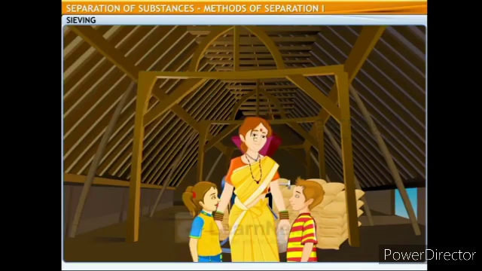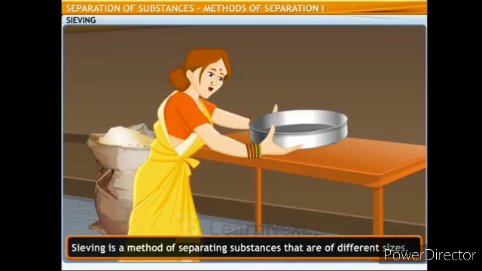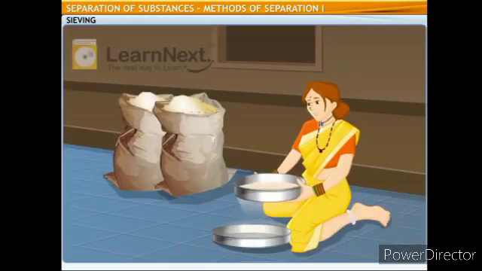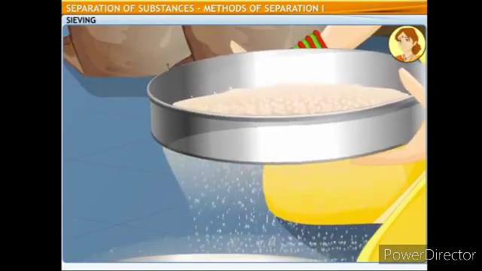That's right. Instead, the method we use to separate this is called sieving. Sieving is a method of separating substances that are of different sizes. For example, this wheat flour has some fine powdered wheat as well as some bigger impurities.